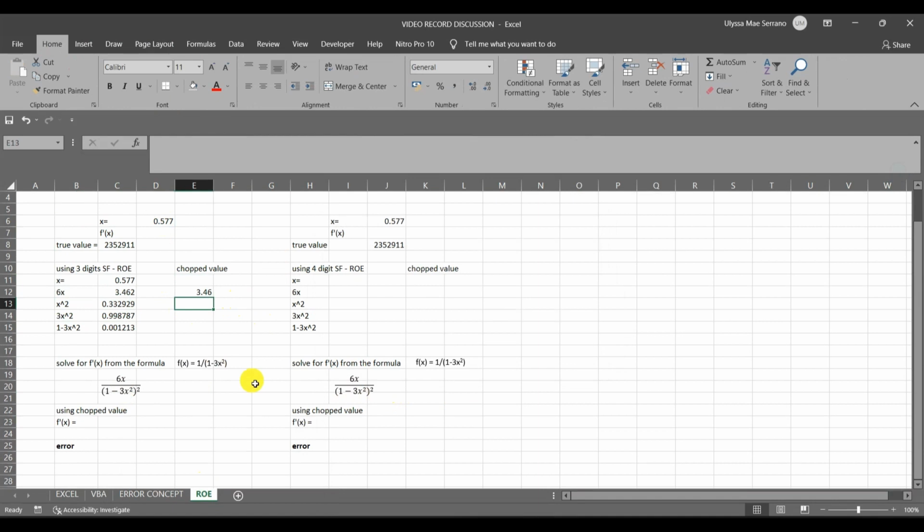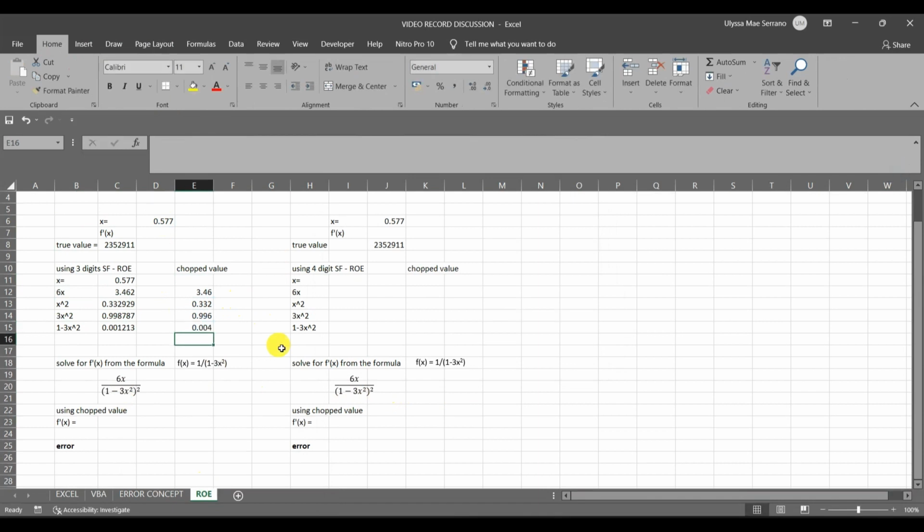Yung ating x squared will be 0.332. Hindi tayo nag-round up, just chopping off. For the 3x squared, ang pinagkaiba ng 3x squared class, ang gagamitin na natin would be 3 times this value as x squared. And for the 1 minus 3x squared will be this particular value.